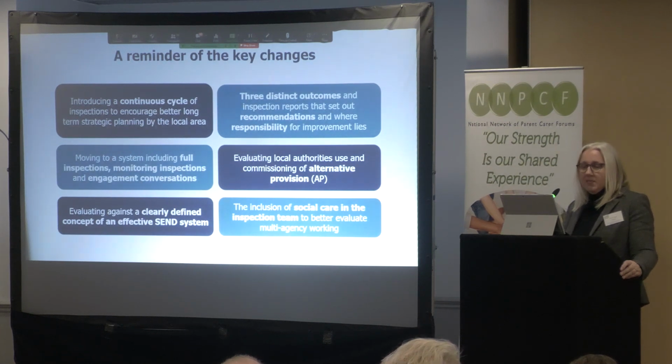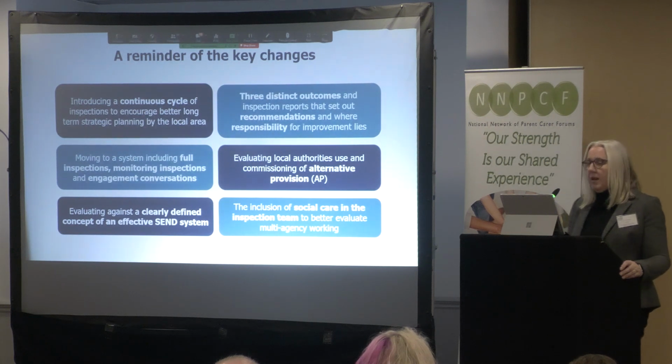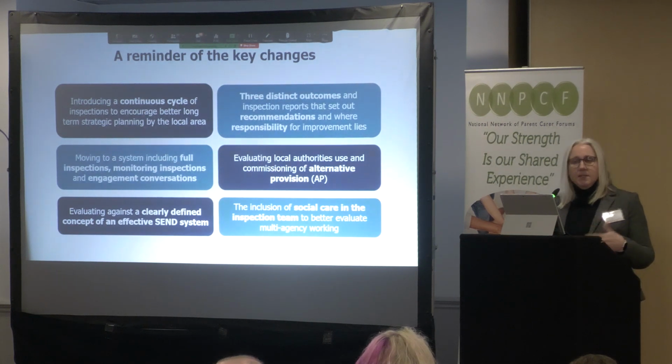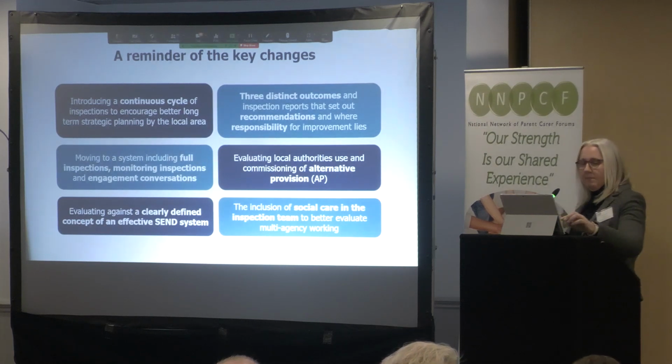We're promoting continuous improvement for all by asking local area partnerships to publish action plans afterwards, so that we can see what they're going to do about what we found when we went in. And we've also added in, probably every year to 18 months, an annual engagement conversation with local area partners. So that's leaders going in and having a discussion about what's happening in the area and what progress they're making. We'll come back to a little bit more on that.